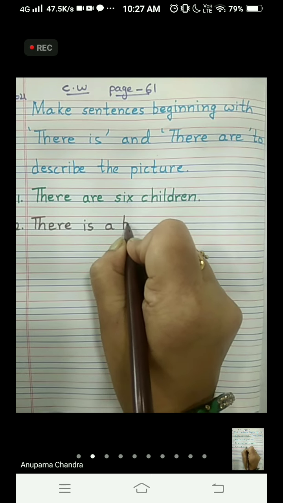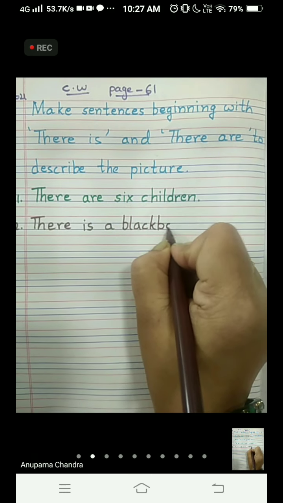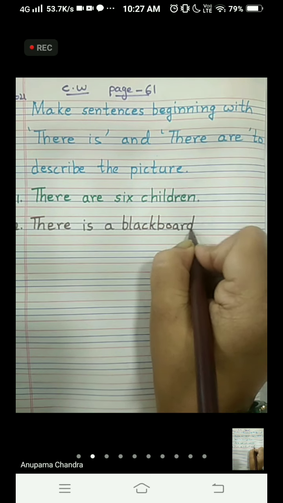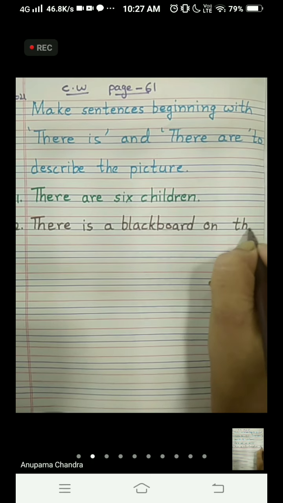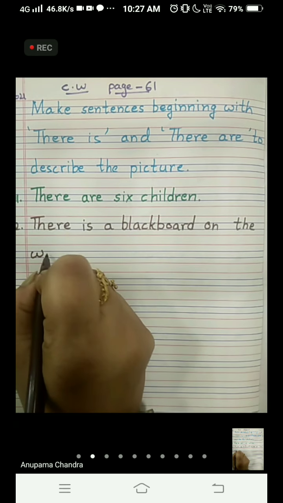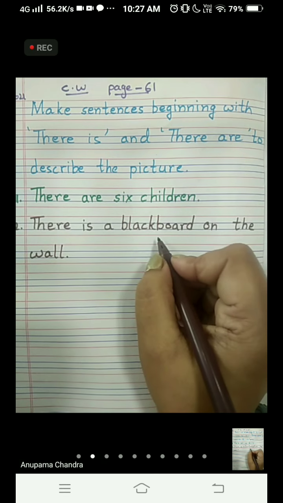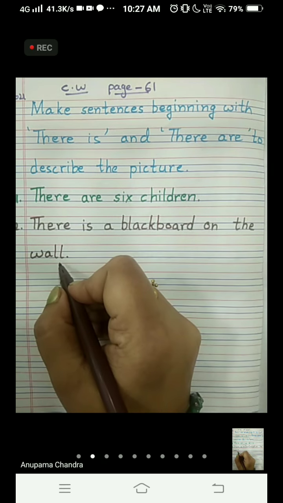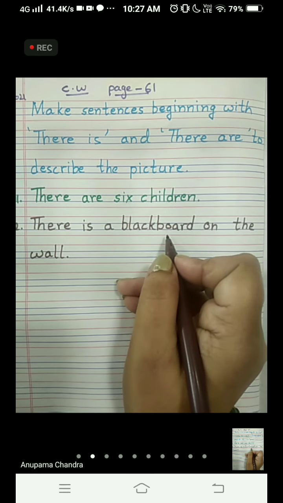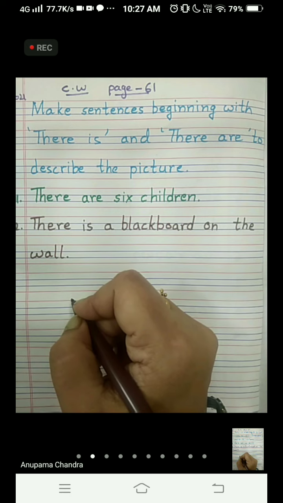a blackboard on the wall. Now, this was the help given in our book. Blackboard on the wall. Okay. A blackboard means how many blackboard? One. And generally there is only one blackboard in the classroom.